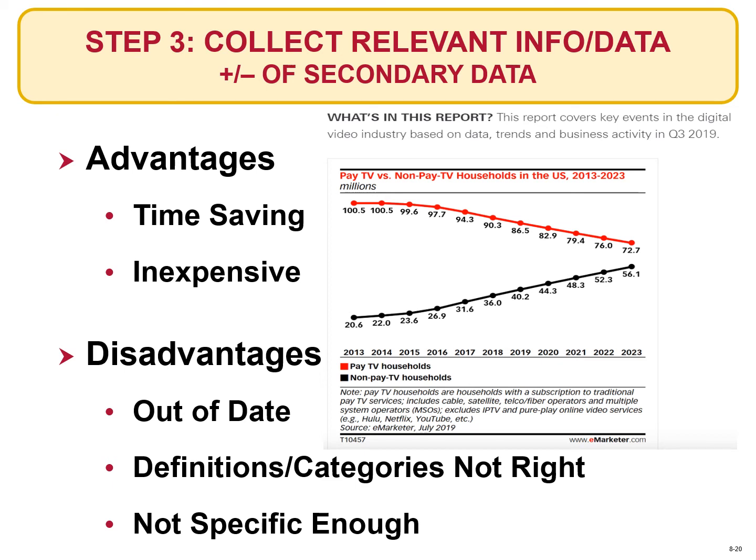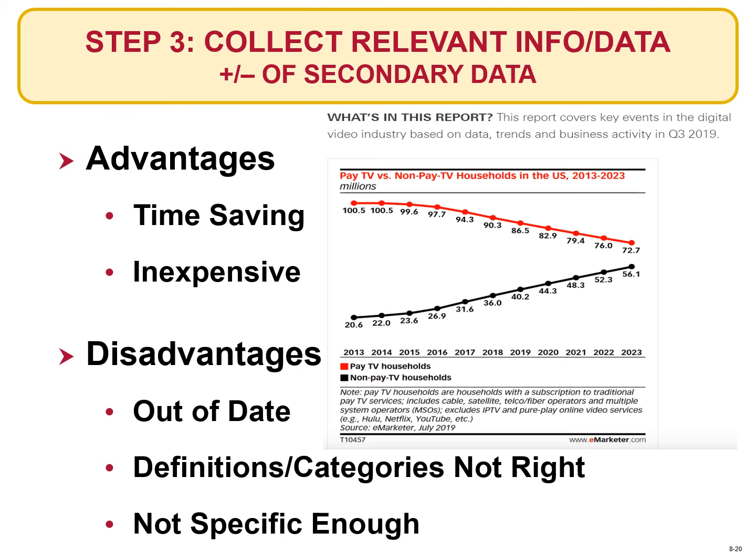According to me, pay TV was completely different than what they had taken as pay TV. So eventually this report was of no use to me. That's why we say definitions and categories are not right, which is, they may not match the definitions that we are trying to figure out.